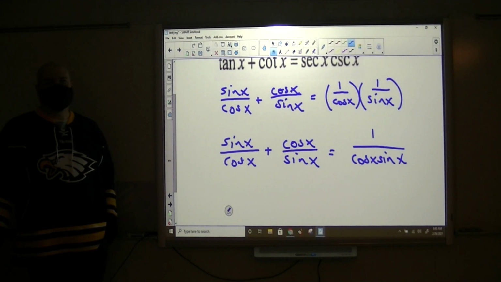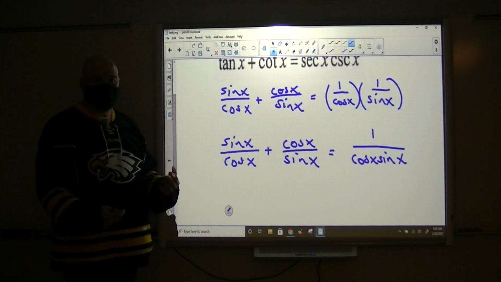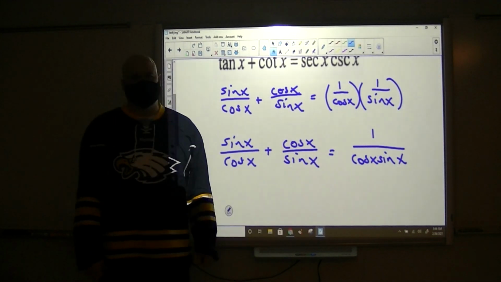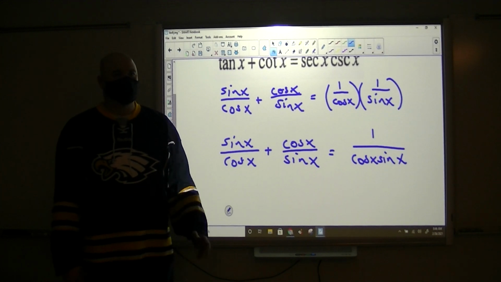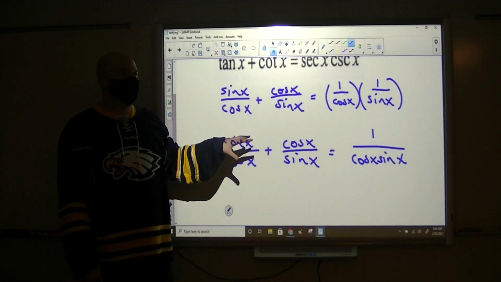Okay? Now, again, our job is to make the left side look like the right side. That's what verify means. Work with one of these to get the other.